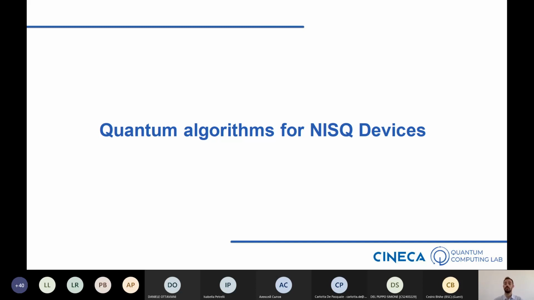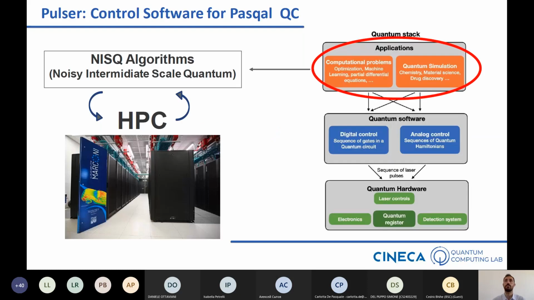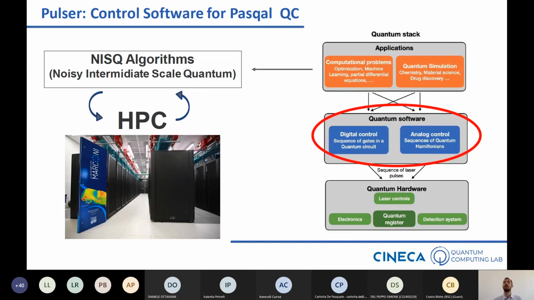Do you have questions concerning this first part, the hardware and software part, before going to the application part? If you have, please write in the chat or use your microphone. And if not, let's have a 15-minute break.